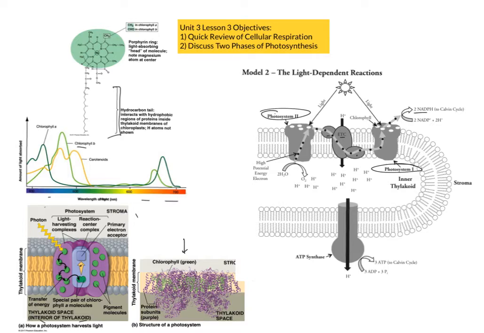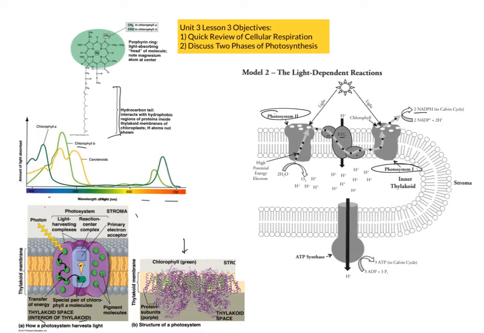This photosystem, you can see, has lots and lots of subunits. It's a large protein complex with alpha helices and beta pleated sheets, and embedded in this protein are molecules called pigment molecules.